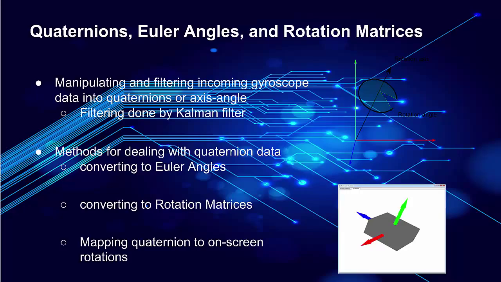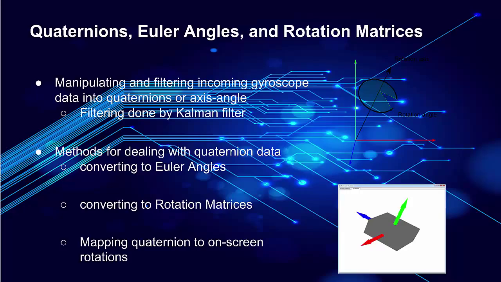The gyroscope sends raw data to the program. We then do Kalman filtering to remove gyroscopic drift. However, it is almost impossible to completely remove the gyroscopic drift, so there will always be some sort of drift.